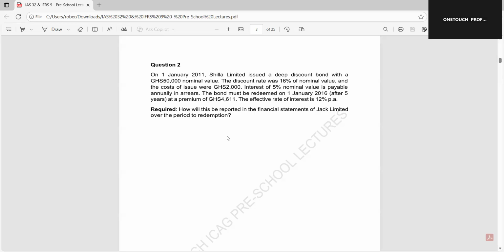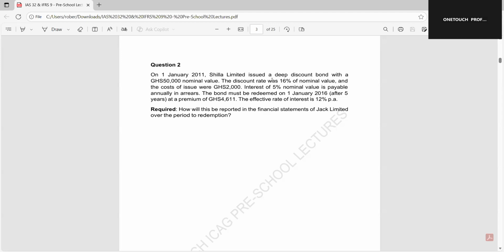Now, what type of financial liability? Is it financial liability at amortized cost? For financial liability, we have only two: financial liability at amortized cost, if it has principal and interest, and financial liability at fair value through P&L, if it does not meet the amortized cost criteria. Did you get it?